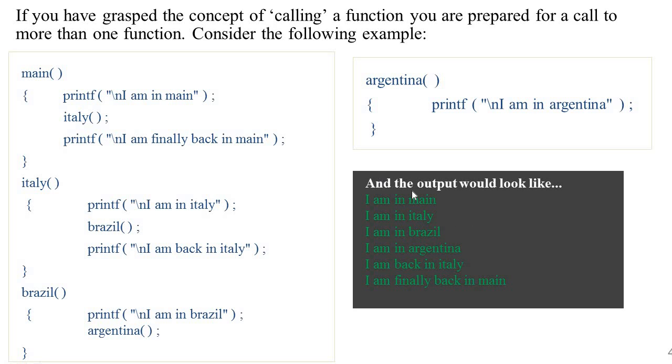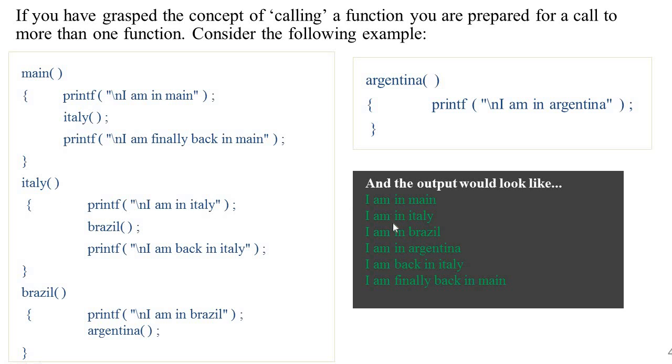Now let's understand how this works. First of all, the main method, from where a C program starts its execution. Over here this is our first printf statement, so it executes I am in main, and you get this statement. After that it is calling the Italy function, so it is looking for Italy. Over here the function is defined. Inside this Italy, what is printf?